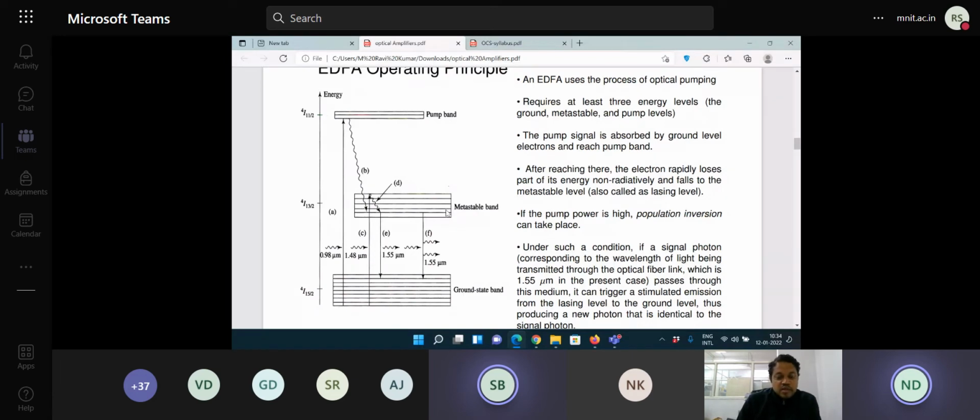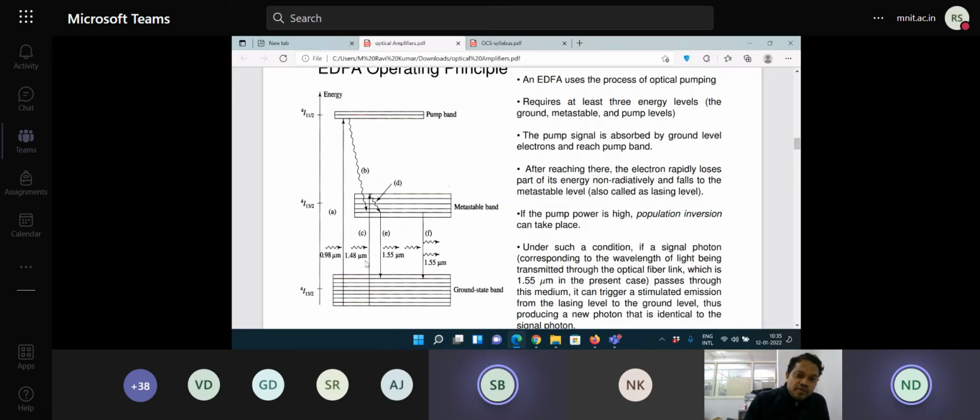These erbium ions absorb wavelengths of 980 nanometers and 1480 nanometers. So you can use either one. Any one of these wavelengths can be used to excite the erbium ions.